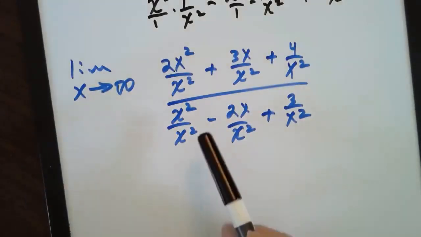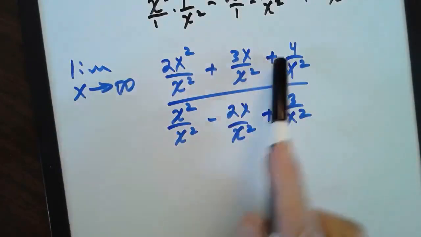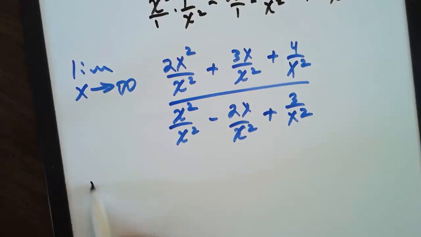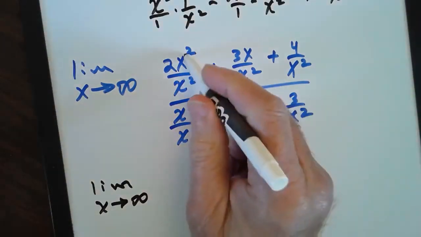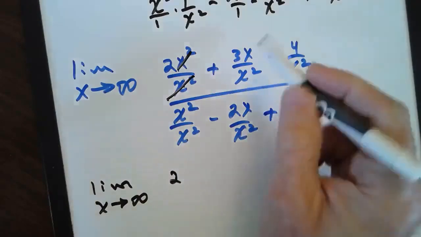So this will be the limit as x goes to infinity of, well, before we do that, we have to simplify. So x squared over x squared goes to 1, and that's just 2.